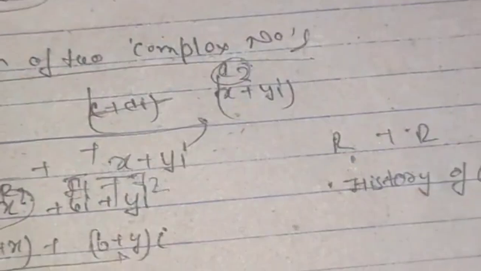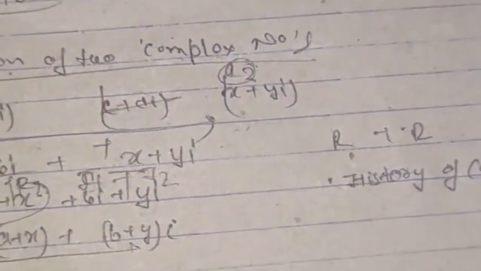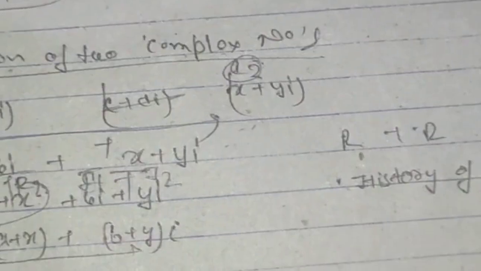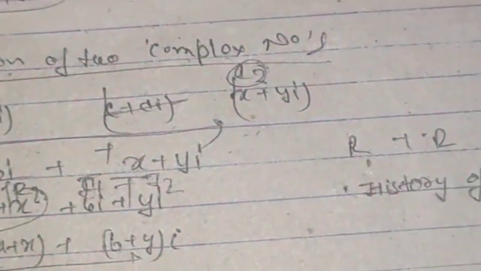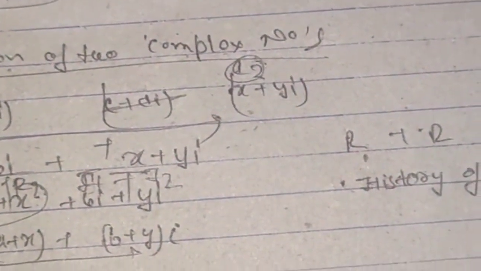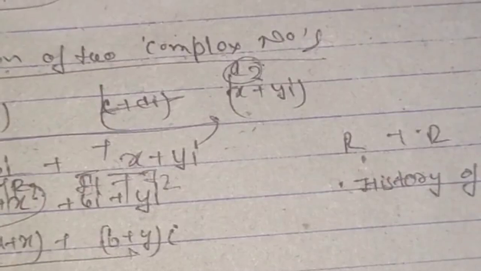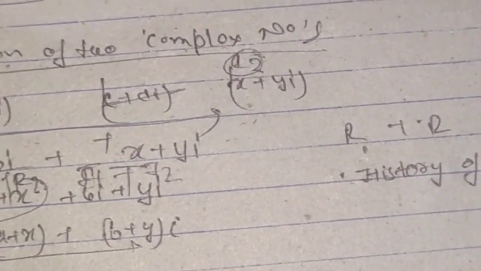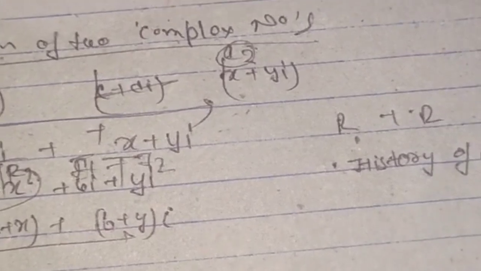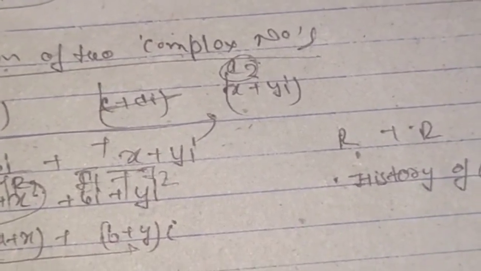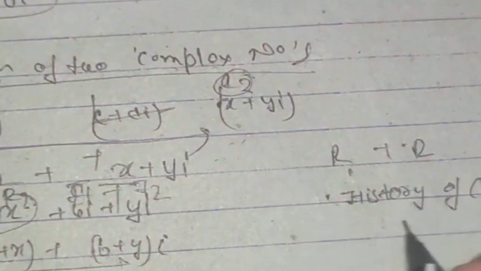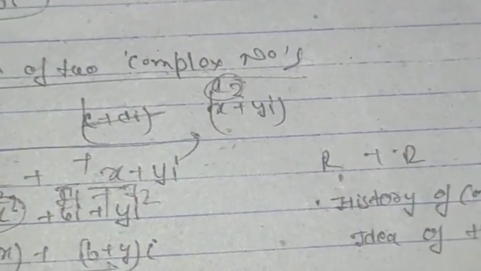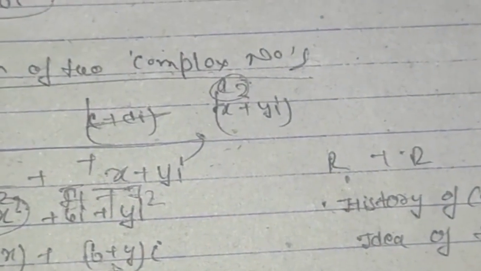We have real numbers, natural numbers, but why did the mathematician create complex numbers? What is the idea of that? He thought, let's create complex numbers. So think about the history of complex numbers and the idea of the complex number.